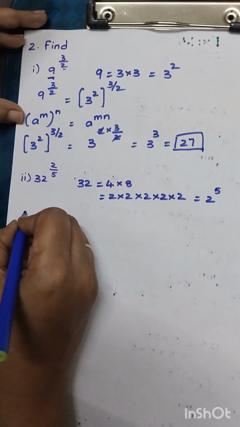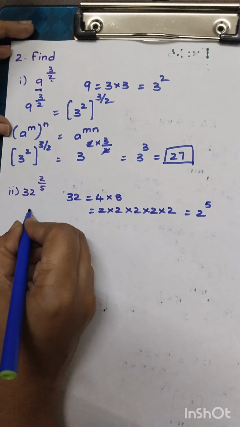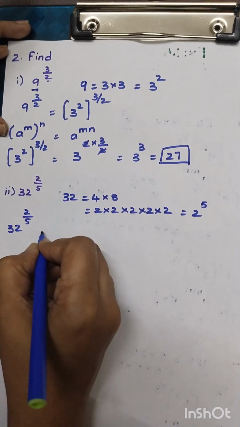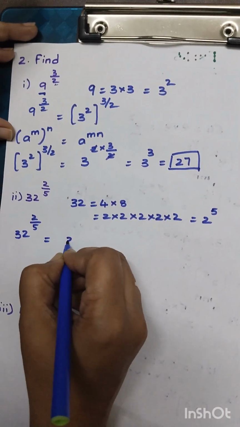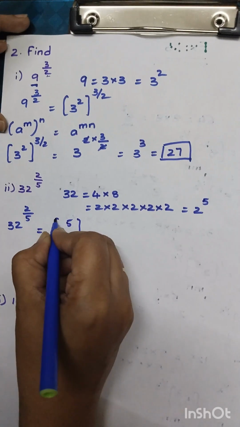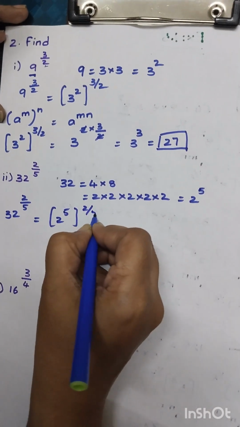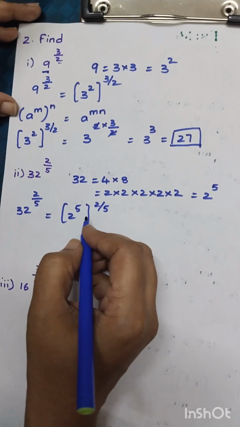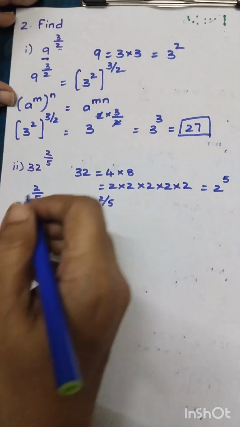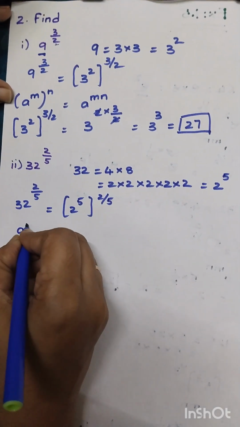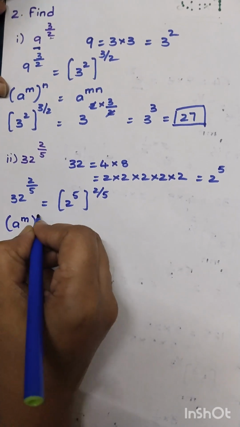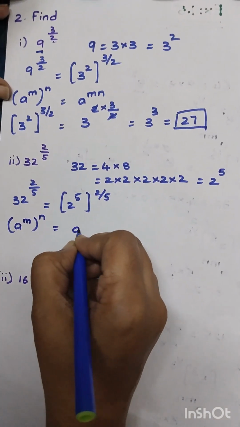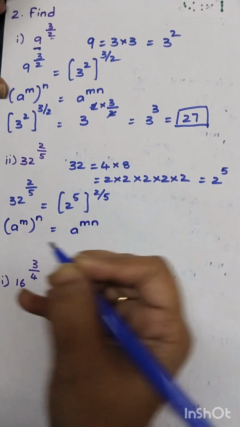So now 32 to the power of 2 by 5 can be written as 2 power 5 to the power of 2 by 5. So which identity can we use here to solve this? Similar to the previous one, a power m to the power n gives us a power m into n.